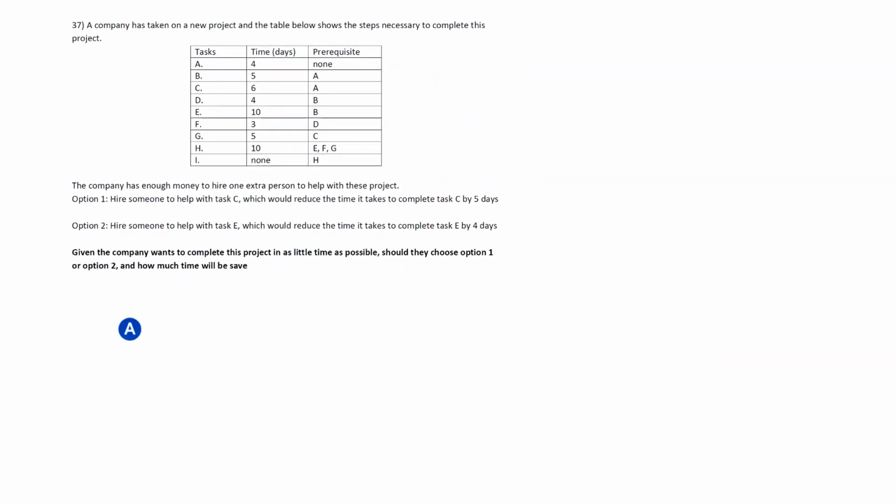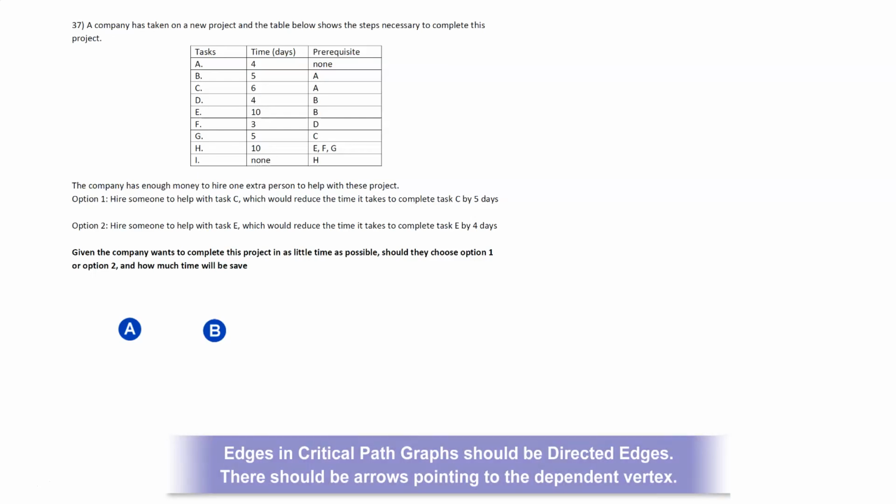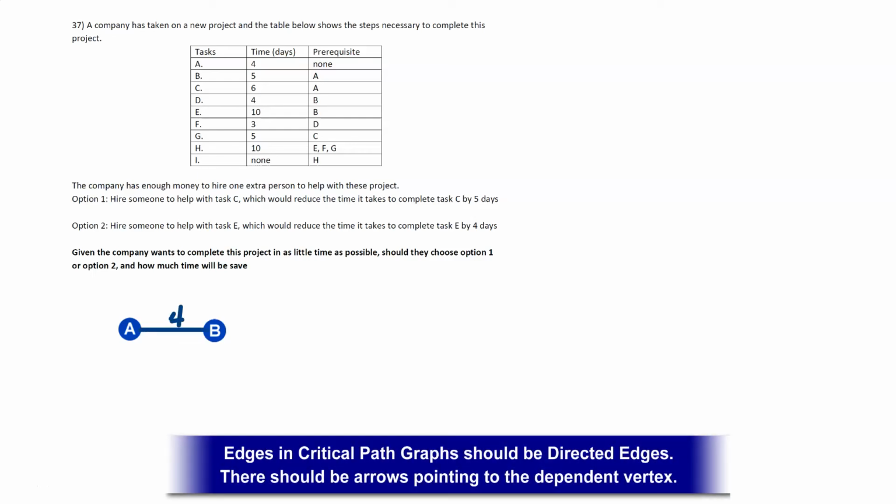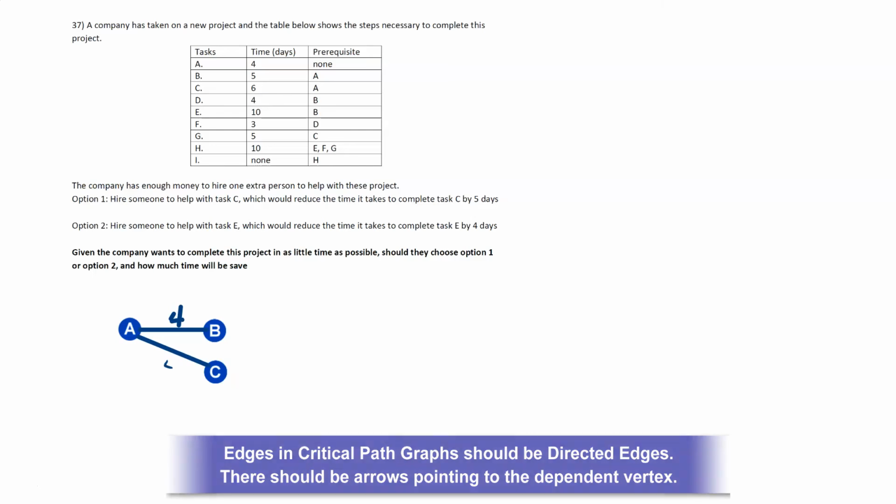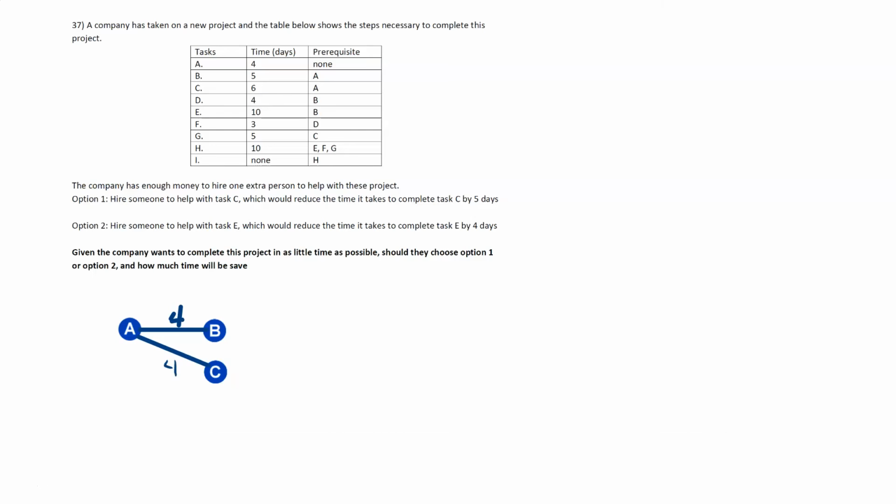We start at task A. Task B depends on task A. Task C also depends on task A. Task D depends on task B. Task E also depends on task B being completed.